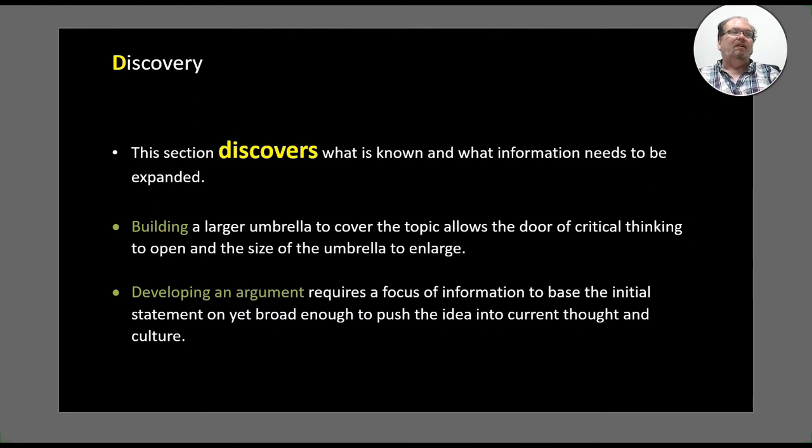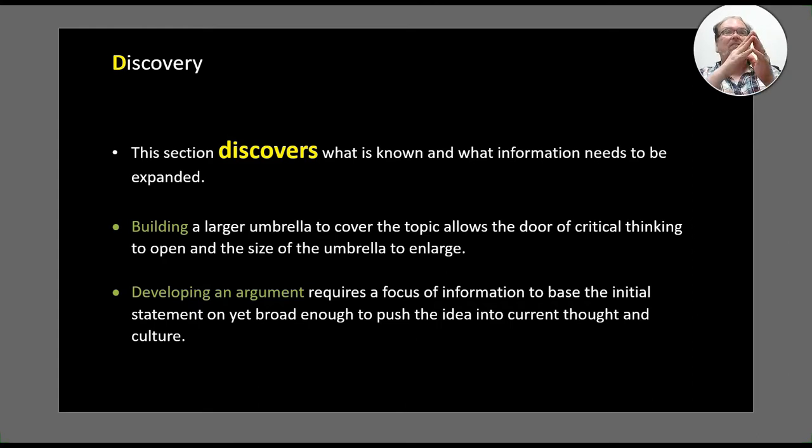Building a larger umbrella to cover the topic allows the door to critical thinking and the size of the umbrella to enlarge. So think of an umbrella like this. If it's closed, you can't see inside. There's possibility of seeing inside. But if it's closed, you can't cover anything. You can't see anything.